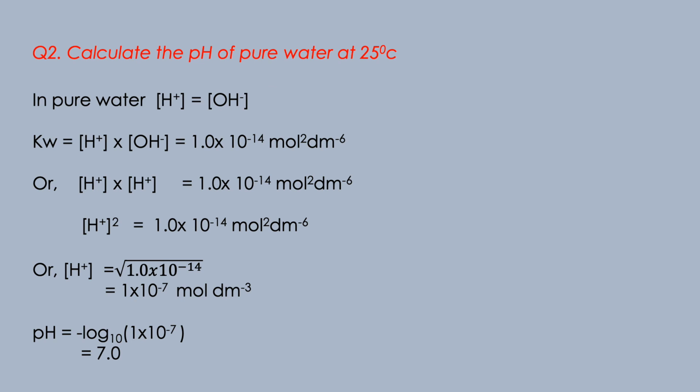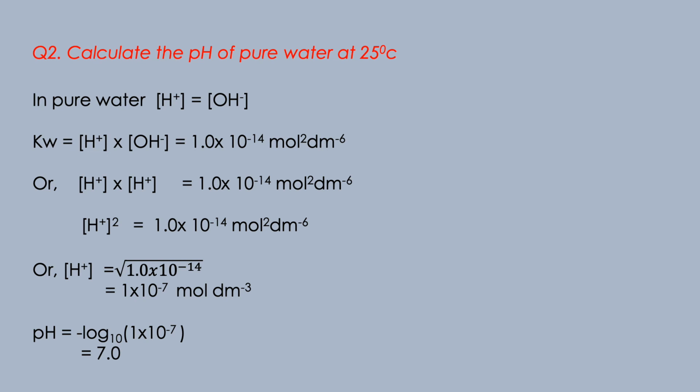Question number 2. Calculate the pH of pure water at 25 degrees. In pure water, we know the concentration of H+ ion is equal to the concentration of OH- ions. And we also know Kw is equal to the concentration of H+ ions times the concentration of OH- ions, which has a fixed value at 25 degrees, equal to 1 x 10^-14.